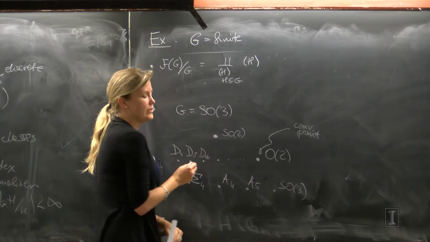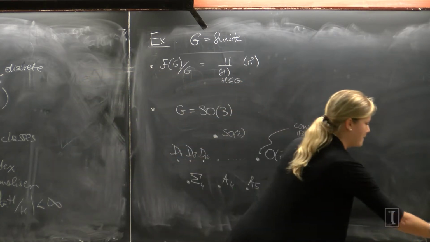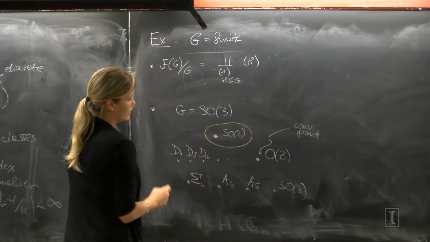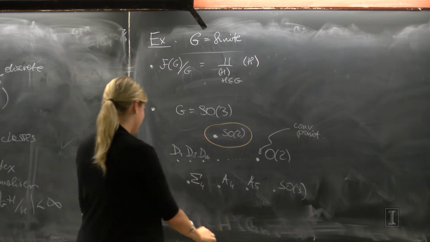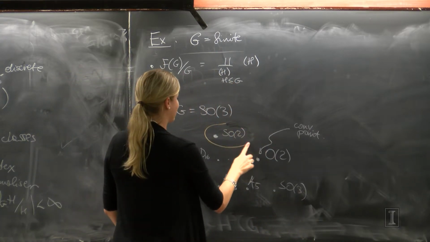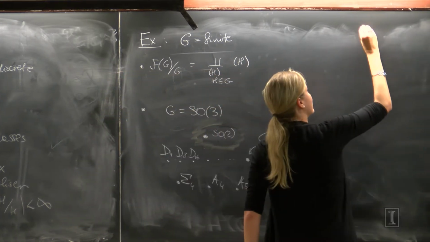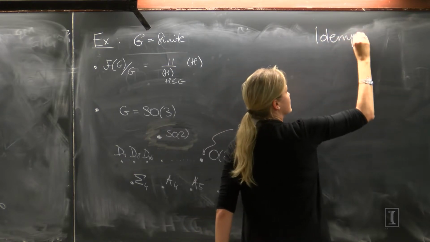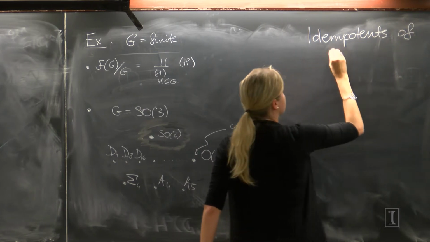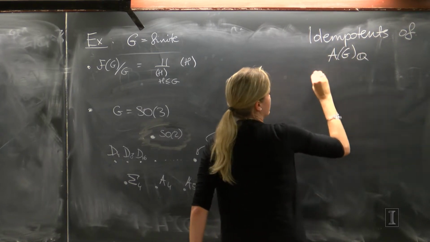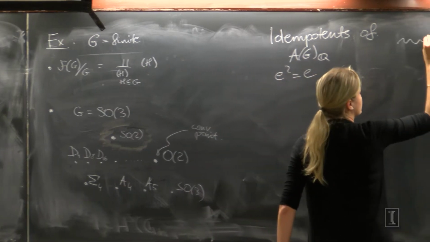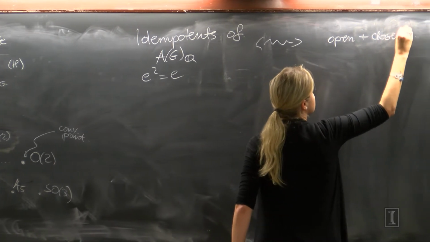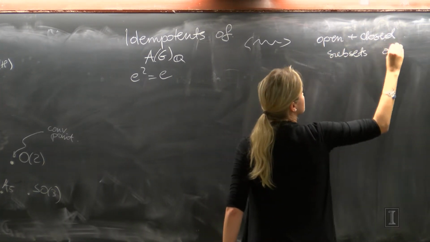So if you think about idempotents, what are the idempotents on this picture? Let me just go back for a second. You probably already figured that out, but idempotents of the rational Burnside ring, some E which squares to itself, are going to correspond to open and closed subsets of this space.